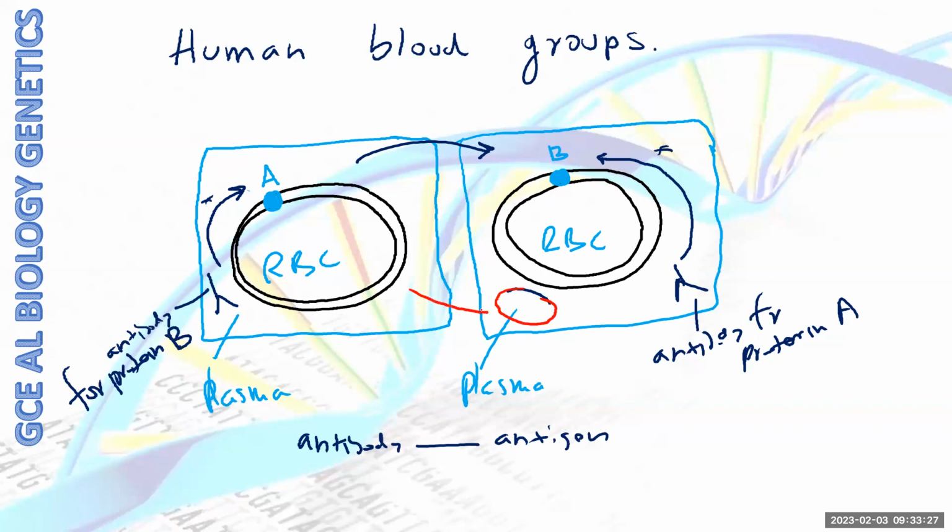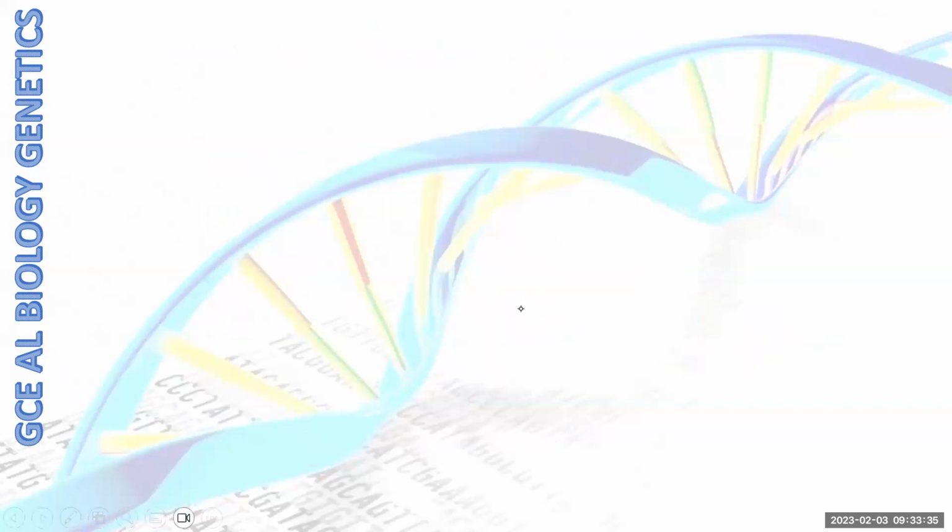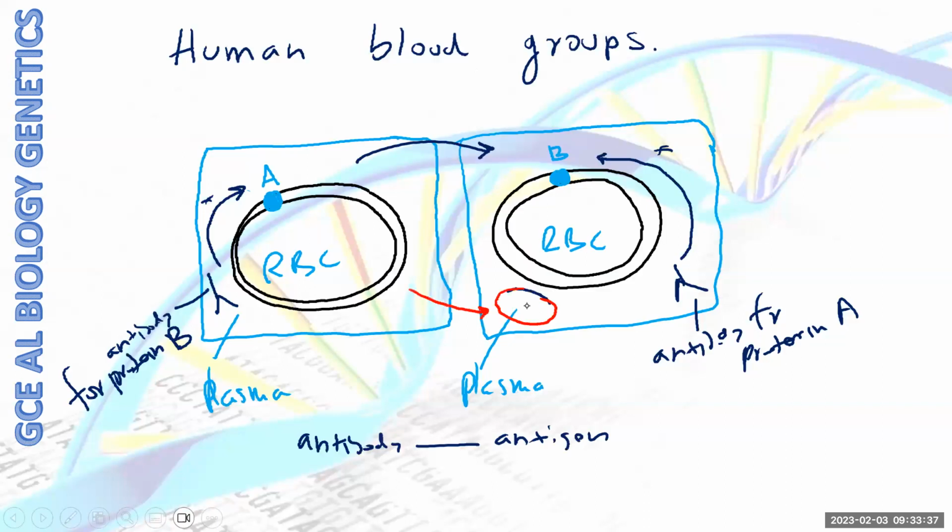After moving to person B, the A antigen is here, and now there is a chance for the antibody to bind with A. The binding means there is a reaction, and an event takes place after that.